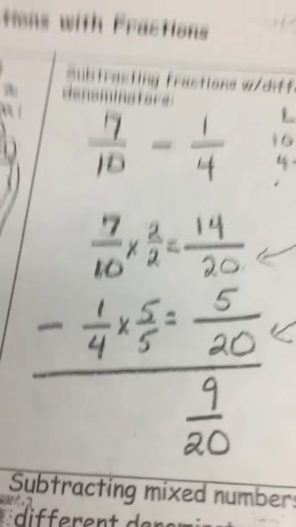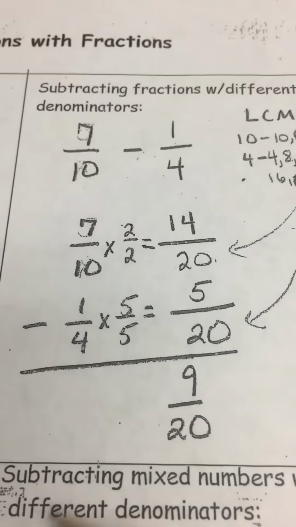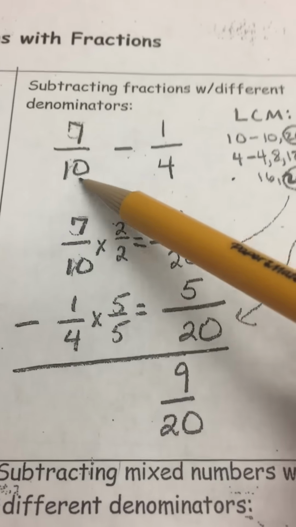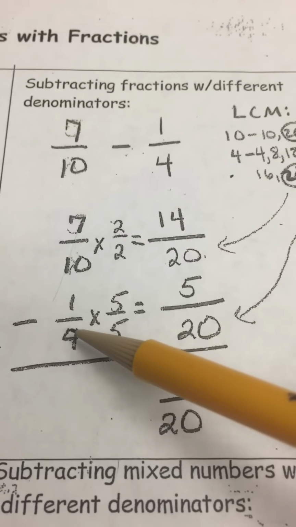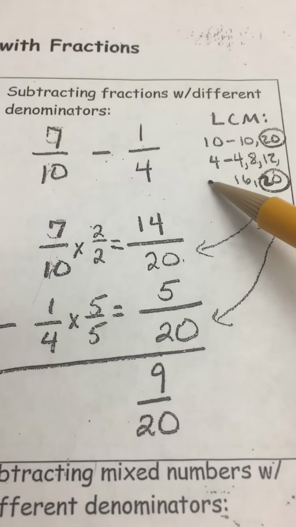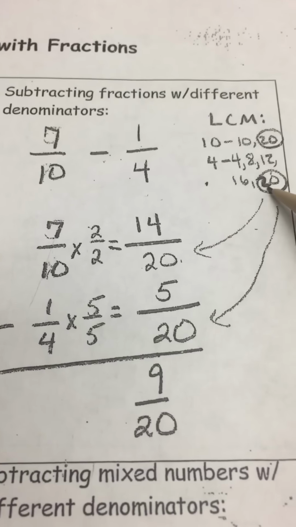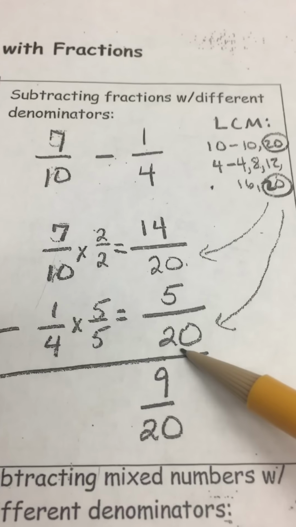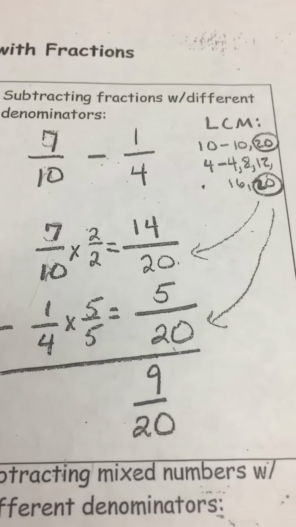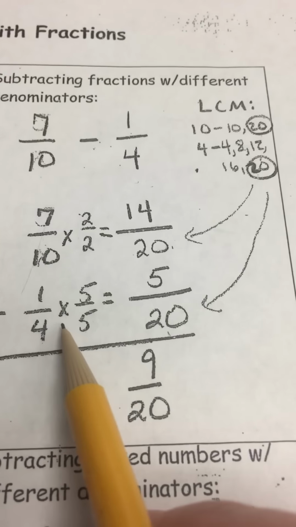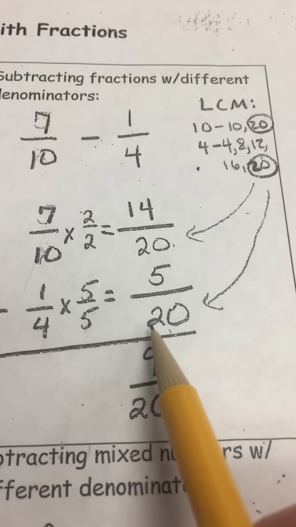Okay? Now I can see over here on my study guide that subtraction works the same way. I have my problem rewritten vertically. I looked for the least common multiple of my two denominators and found that to be 20. So my least common multiple becomes my new common denominator. Then I ask myself, 4 times what is 20?